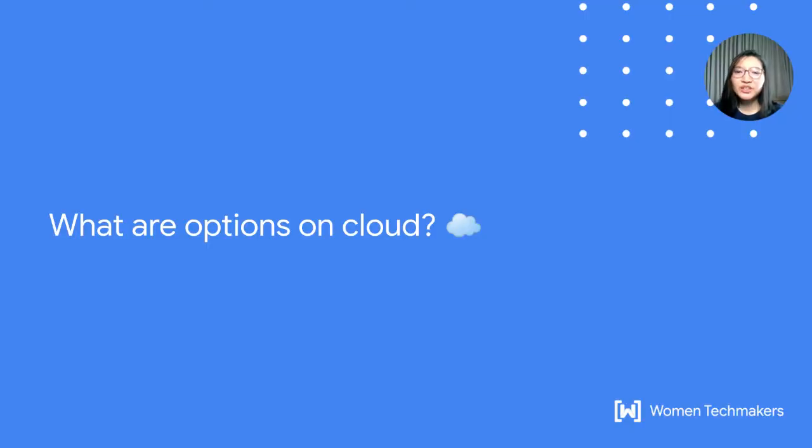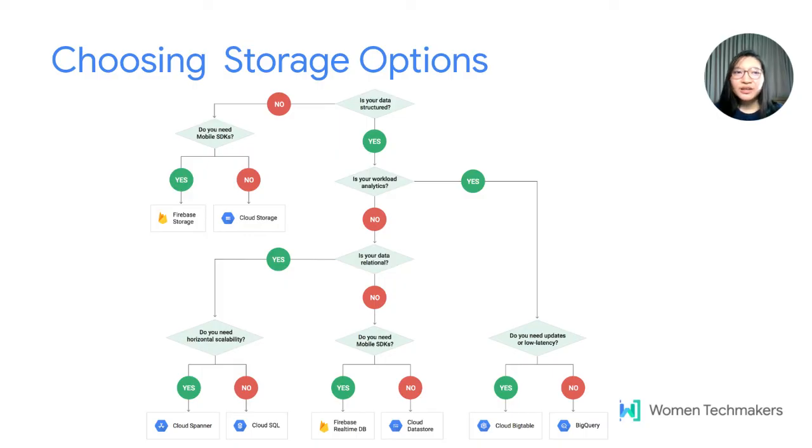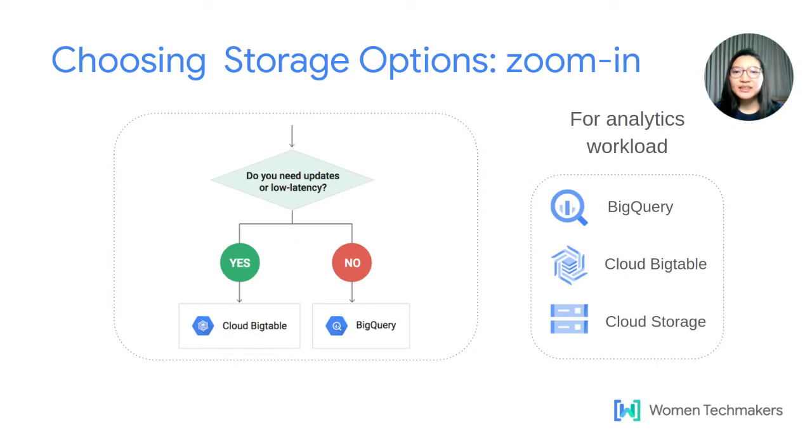So what are the options on cloud? This is a diagram of the data storage decision tree. Let's focus on this part about data analytics workloads. If we have a low latency use case, I would recommend Google Cloud Bigtable because it is a NoSQL database which has very low latency.